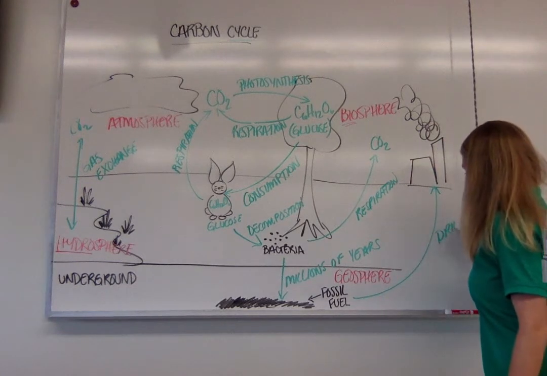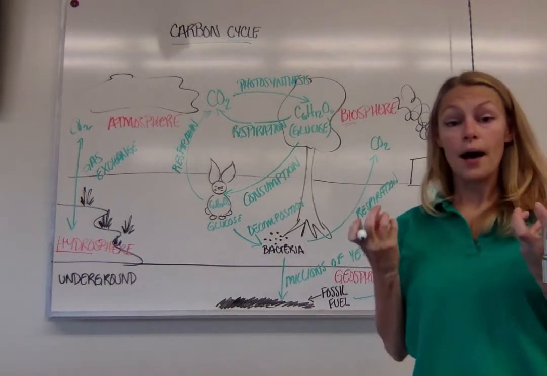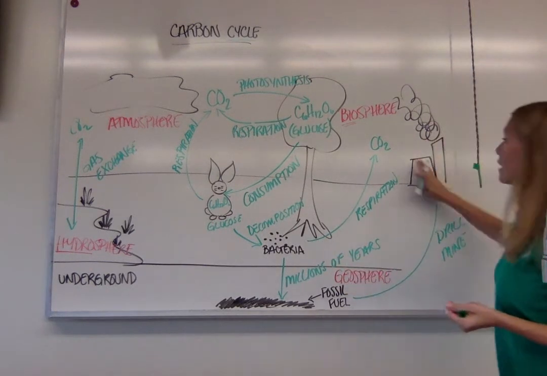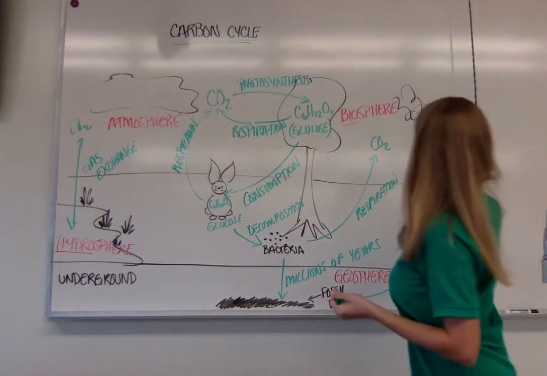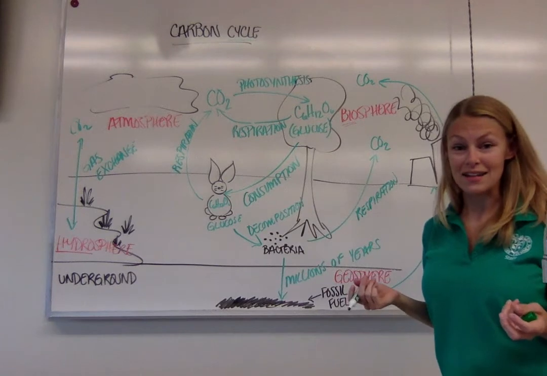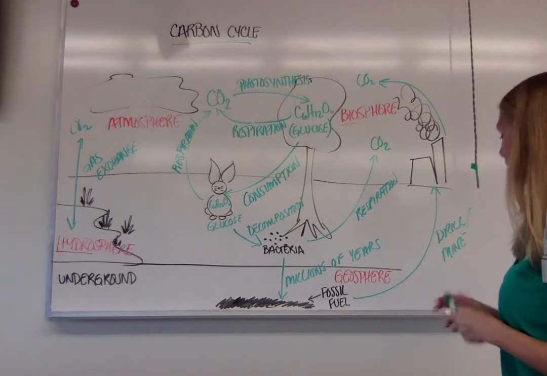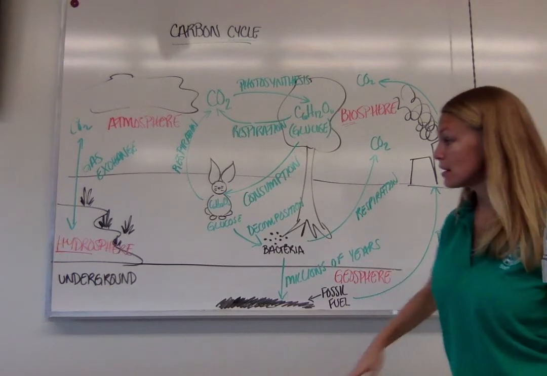They're digging that up from underground and processing it and putting it back into the atmosphere as carbon dioxide. So we have lots of carbon dioxide going into the atmosphere.